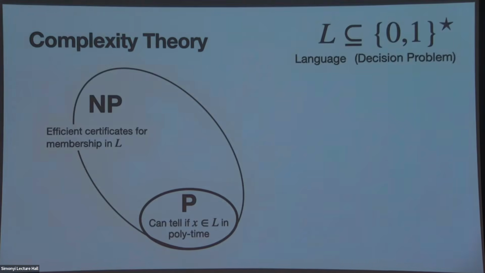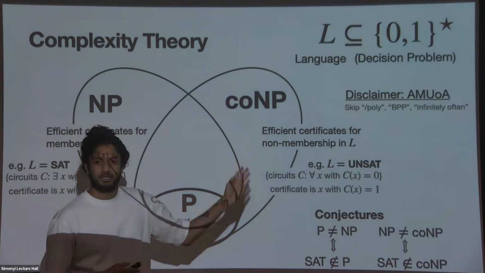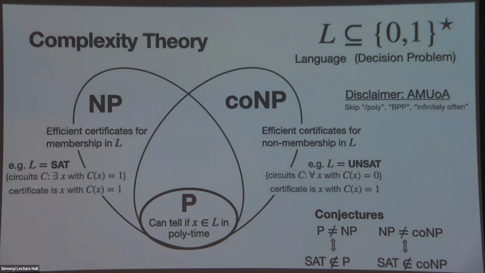So I'm going to minimize my use of acronyms, and by doing that, I'm going to conflate P and BPP and P/poly and things like that. If you know what those are, great. If you don't, don't worry about it.